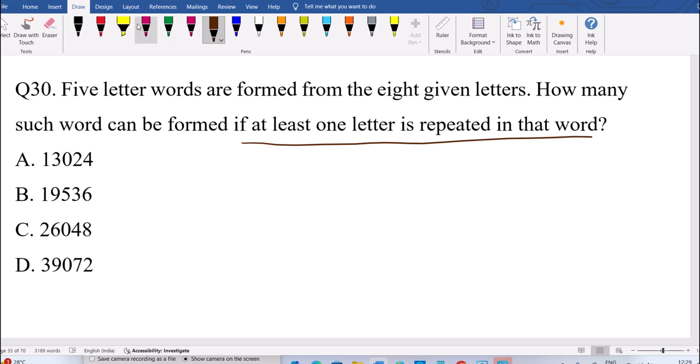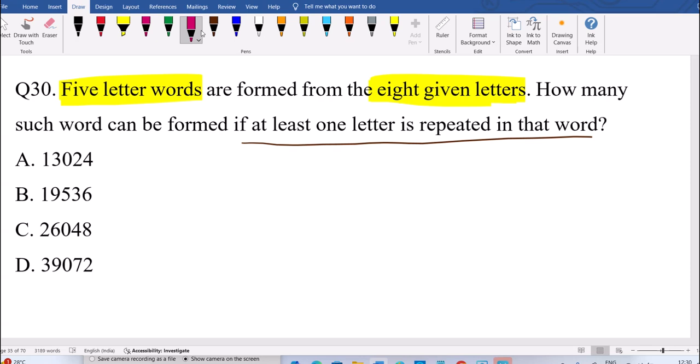See this question. Permutation combination, excellent one. 8 letters. You need a 5-letter word. But they said repetition of at least one letter is allowed. Means one letter can repeat, two letters can repeat, three letters can repeat, four can repeat. Right, so you need to form a 5-letter word using the given 8 letters.